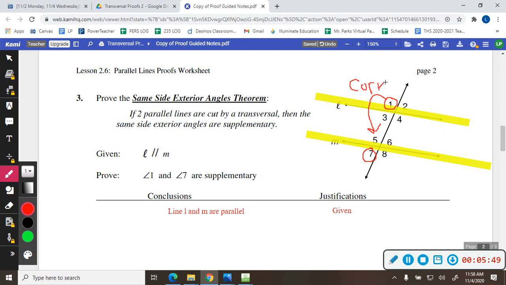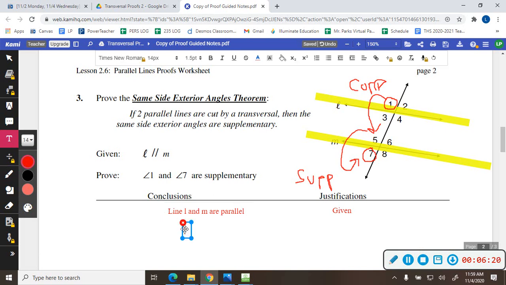And please ignore my freestyle handwriting. Those are corresponding. And then I'm going to go to 5 to 7. I know those are supplementary. So that's my plan. I'm going to go 1 to 5, say they're corresponding, go to 5 to 7, and then somehow connect 1 to 7. And you're going to see that.